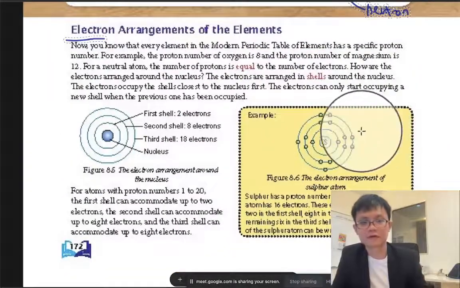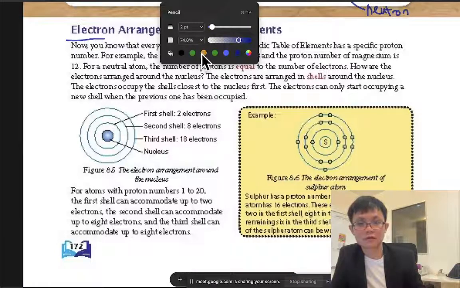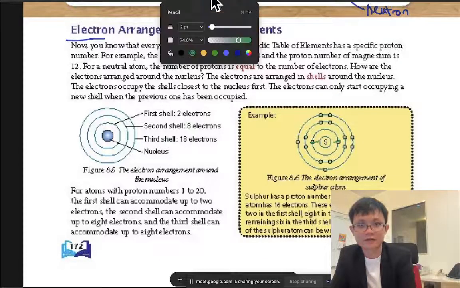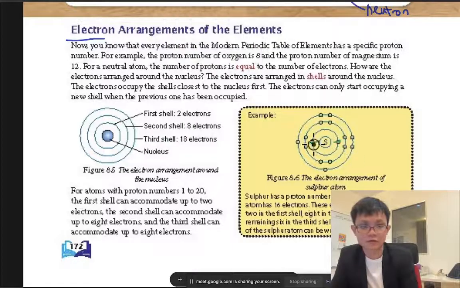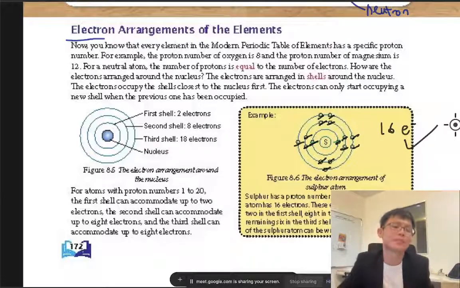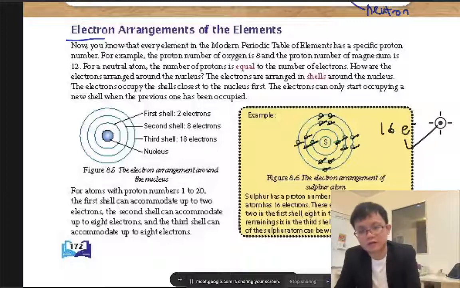Let's count. 1, 2, 3, 4, 5, 6, 7, 8, 9, 10, 11, 12, 13, 14, 15, 16. So here there are 16 electrons. This is correct. If you draw 17, you will get it wrong. If you draw 15, you will get it wrong.